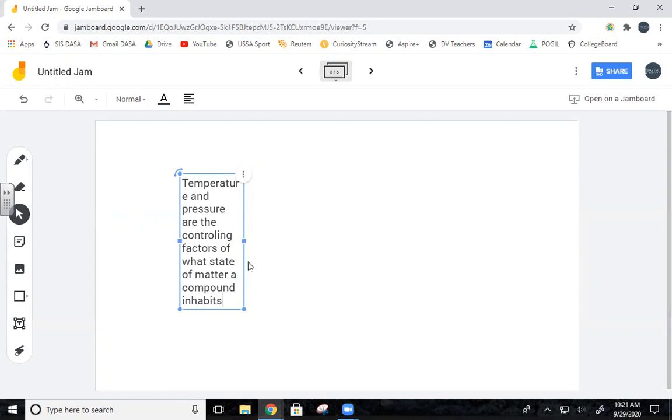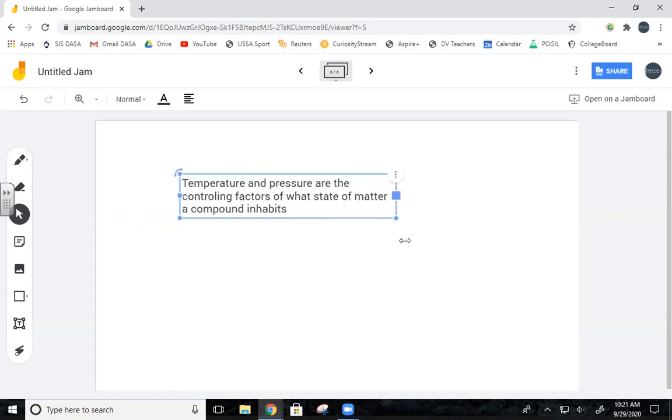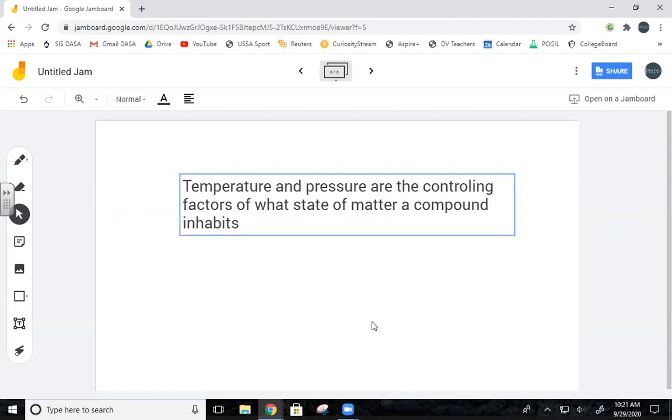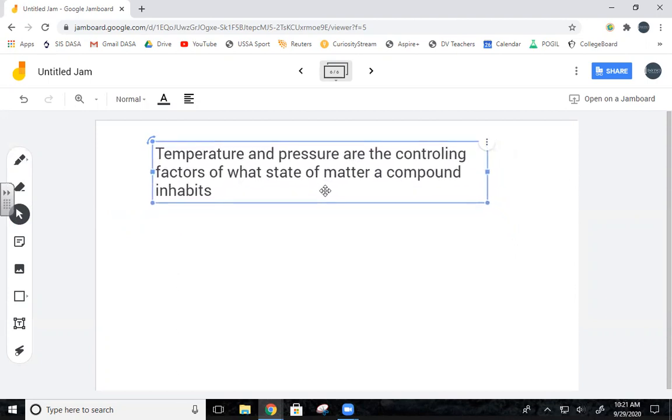And I'm going to make this larger. Okay. Temperature and pressure are the controlling factors of what state of matter a compound inhabits. Okay.